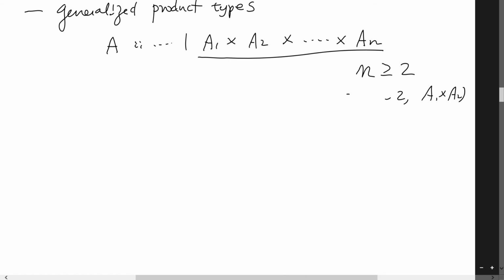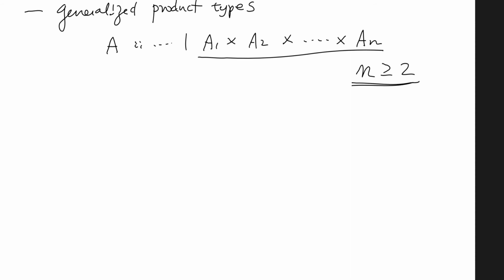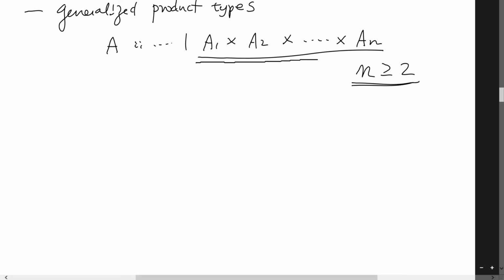So n is, of course, allowed to be 2, but n can be greater than 2. So this is the idea behind the generalized product type, where now we are carrying n different components at once.